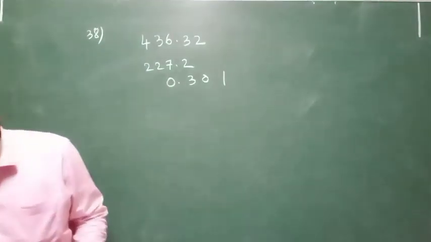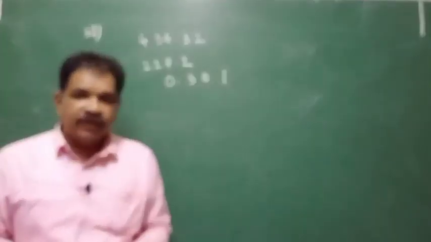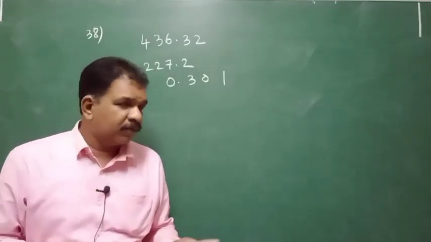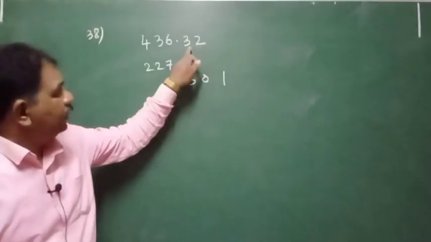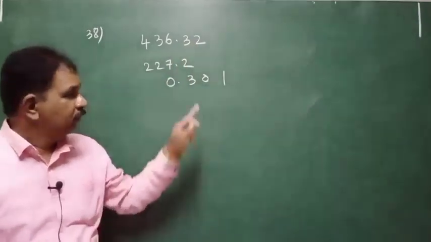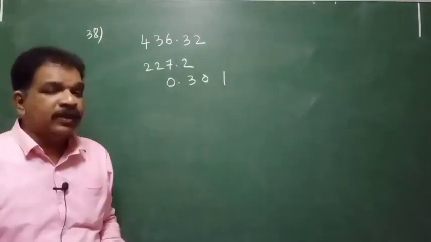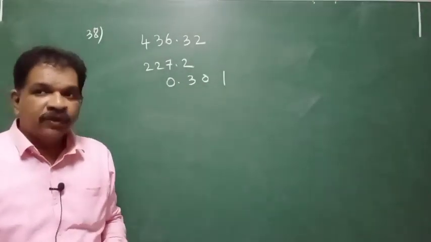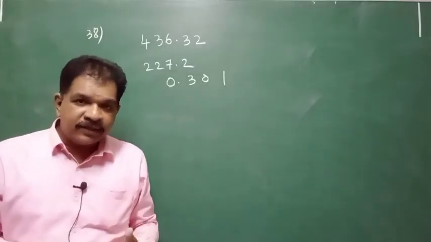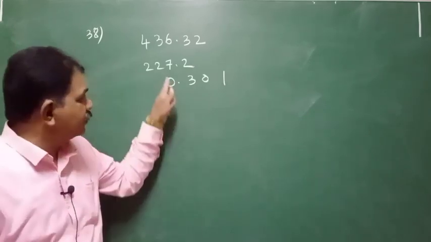Before adding, what we have to do is observe the number of significant figures after the decimal point, not the total number. After the decimal point, here how many are there? 2. Here only 1. Here 3. Identify the number having the least number of significant figures after the decimal point.